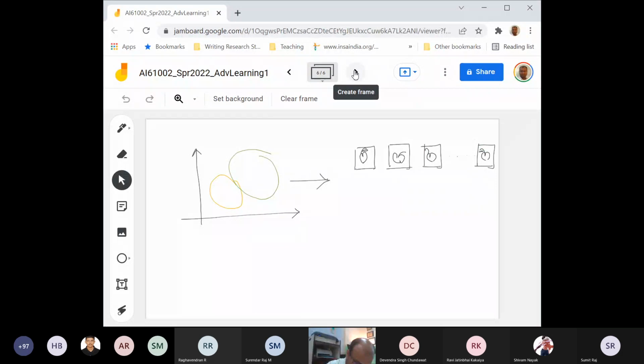Say this apple corresponds to a Z which comes from here. This one comes from here. This one comes from here. This one comes from here. Okay, so this is a set of images of apples which are randomly generated. This is what you will see.